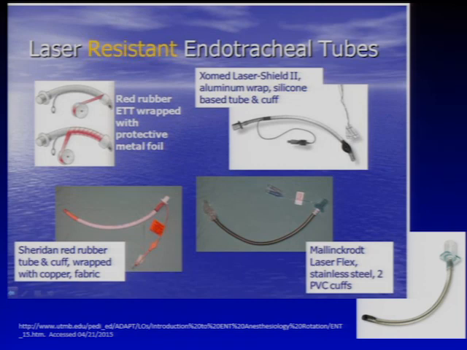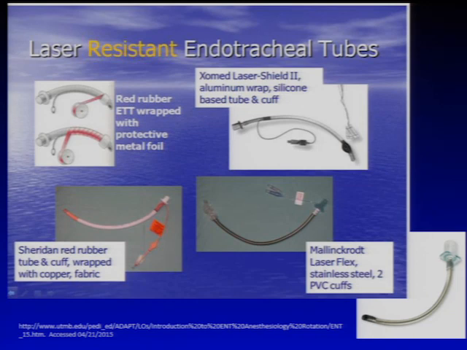There's a variety of laser-resistant endotracheal tubes that we try to use in order to minimize the risk of airway fire. The older plastic tubes or the rubber tubes wrapped with protective metal foil are not the best option because they cannot be made reliably fireproof.